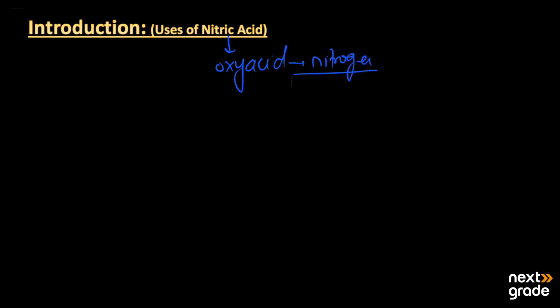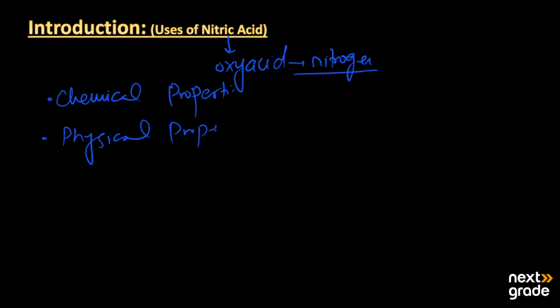Now, how can we use nitric acid? Before starting its uses, we have already learned its simple chemical properties as well as its different physical properties. These properties depend upon what type of substance nitric acid is and how we can use it for different purposes in our daily life.